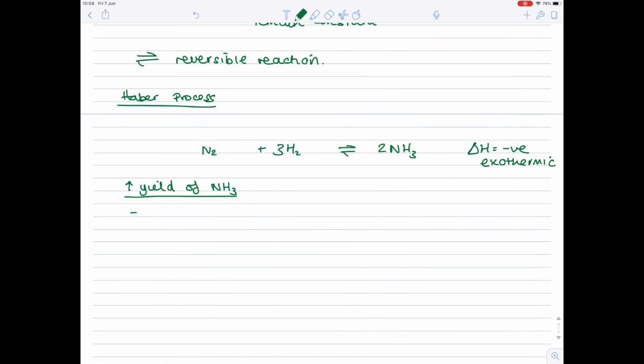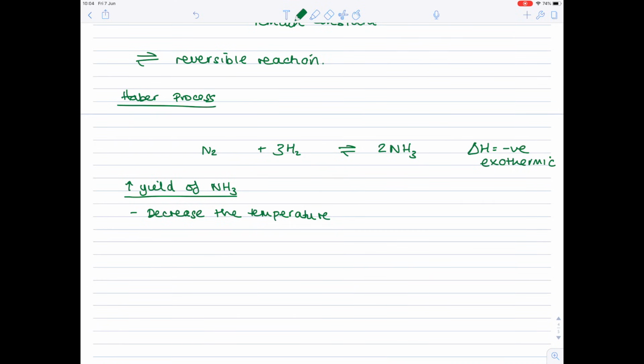So the first thing we can do is decrease the temperature. The reason for this is because the forward reaction is exothermic, which means it gets hot. Now in dynamic equilibrium, what's happening is the reaction's always trying to oppose the change you make to it. Now people often struggle with this, but if you can simply remember that exothermic reactions get hot, so in order to favour an exothermic reaction, you want to cool down the reaction vessel.